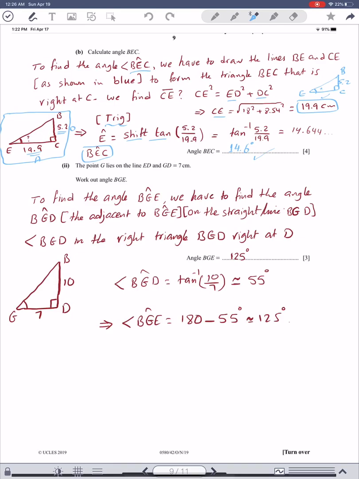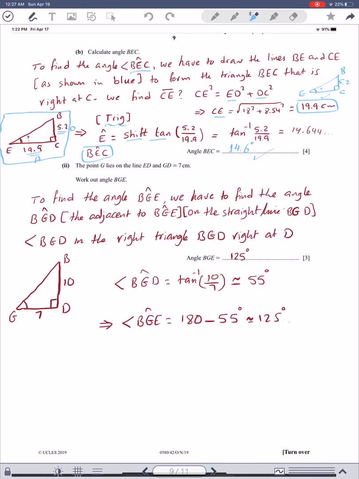The last part is saying the point G lies on the line ED. Don't read these parts without labeling and drawing, dear students. And GD is 7 centimeters.